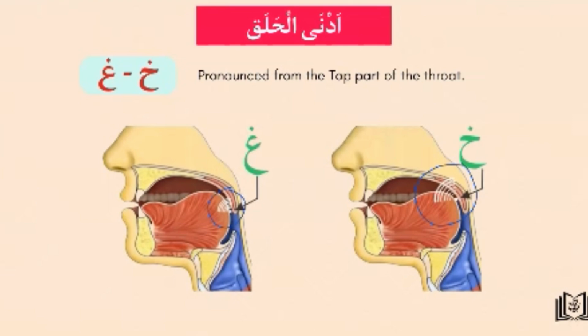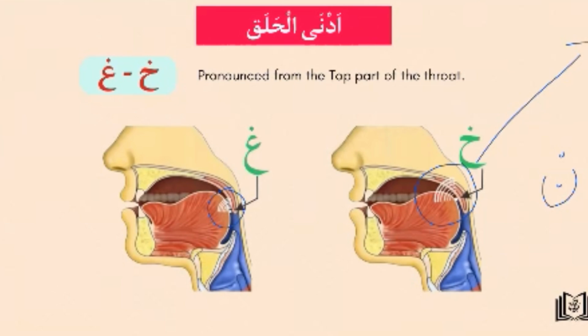Repeat these 2 alphabets and try to tell me. When Kha is pronounced, it is more vibrating than Ghain. When you're pronouncing the alphabet Kha, the voice is coming out. But when we're saying Ghain, we just say Ghain. Ghain has a stopping at the end, but Kha has no stopping. You just keep reading.